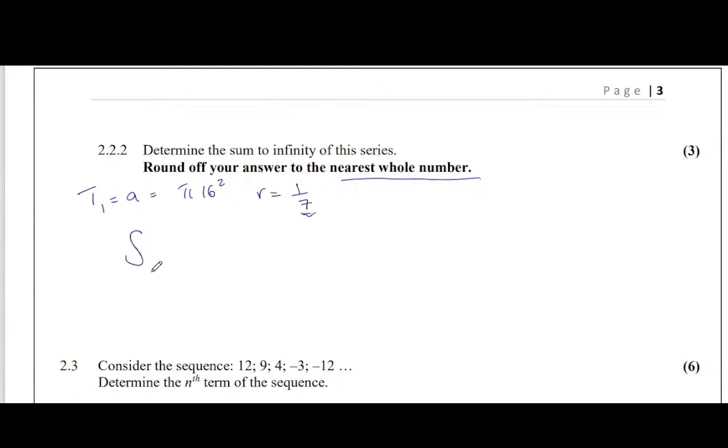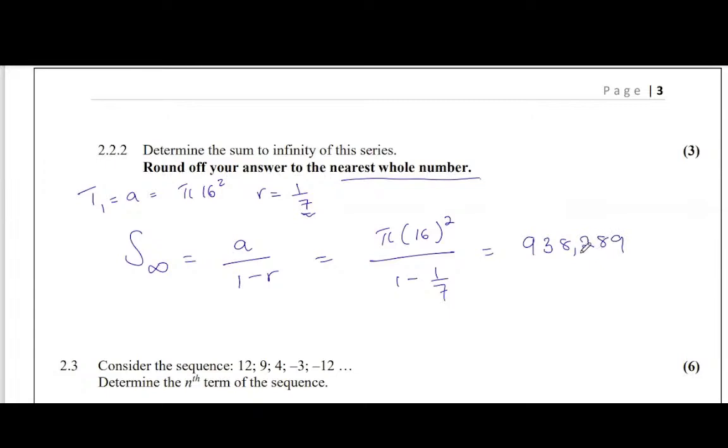And we know that the formula for the sum to infinity is A over 1 minus r. Our A is pi 16 squared over 1 minus 1 over 7. So if I put this into my calculator, I'll have pi 16 squared over 1 minus 1 over 7, and then I'm getting 938,289.